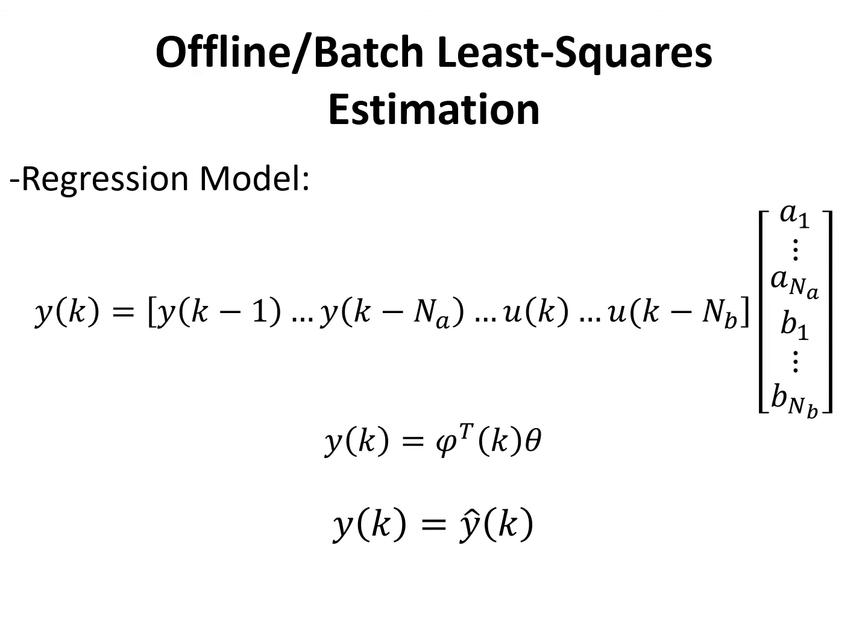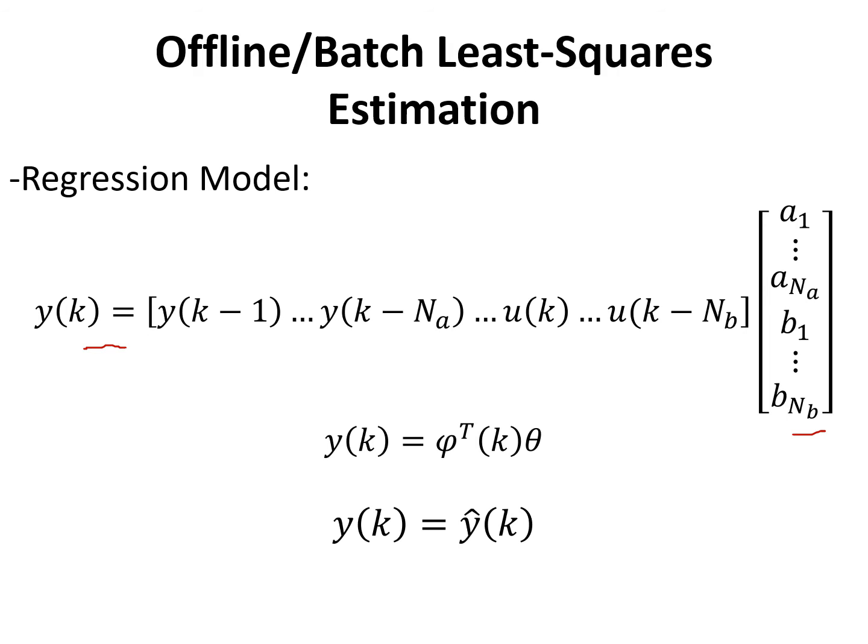The equation from the previous slide is then arranged in the regression equation form as follows. Yk equal to Yk minus 1 up to Yk minus na, Uk minus na, and so on, times a1 to ana, b1 to bnb.